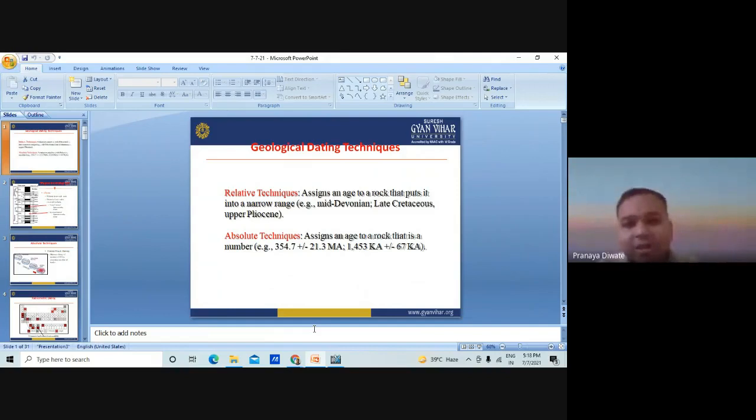So this is how the age of a rock, or the age of the formation of any formation, can be assigned. He or she may be 13 years old, she or he may be 15 years old. That is how age can be assigned to anyone.